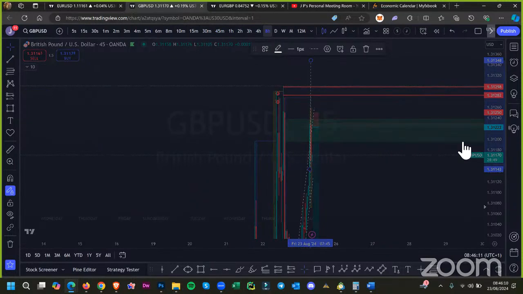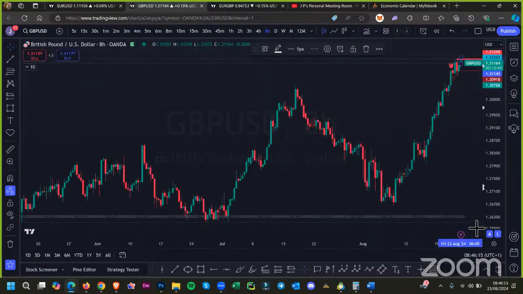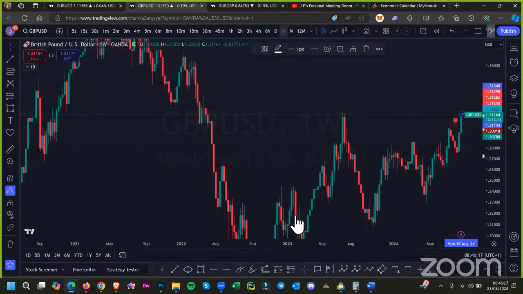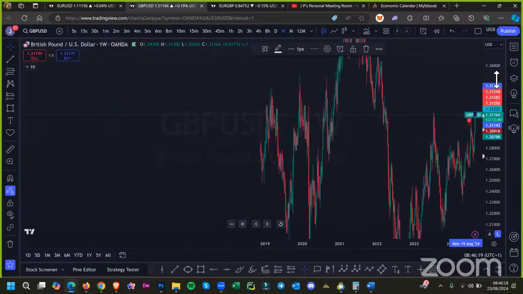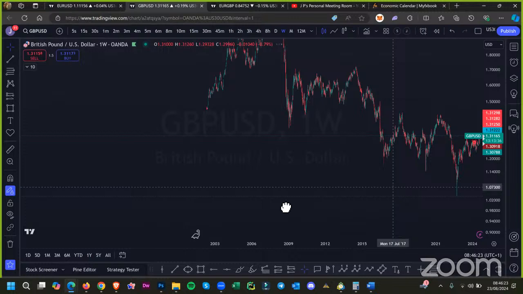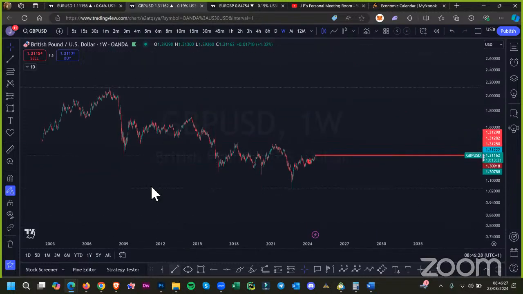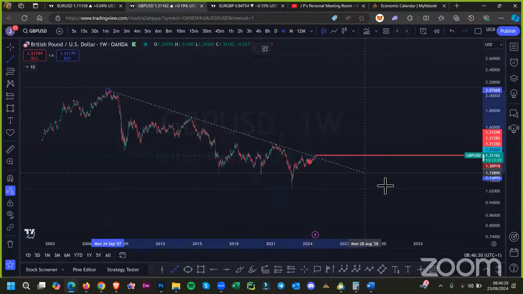Zoom all the way out. I'm zooming all the way out. Now remember, markets can definitely change, especially when I'm looking all the way back this far. But have a look.